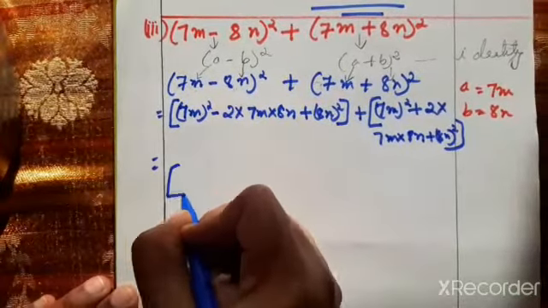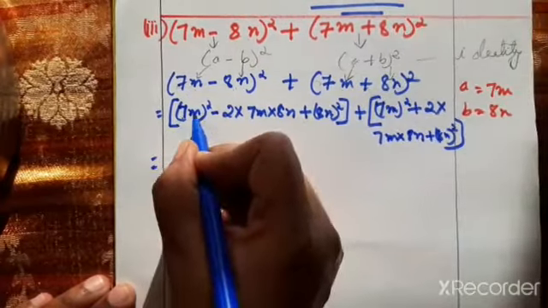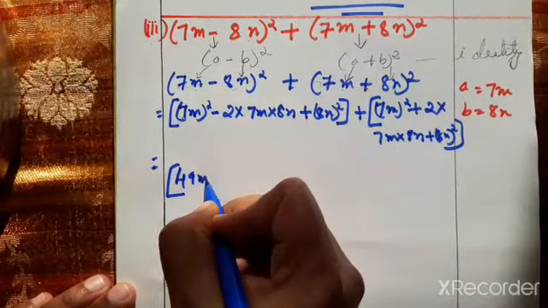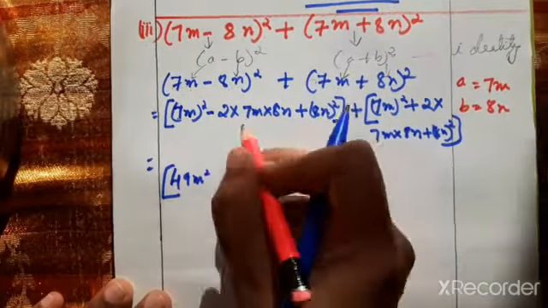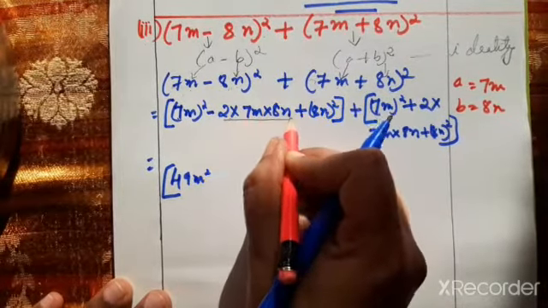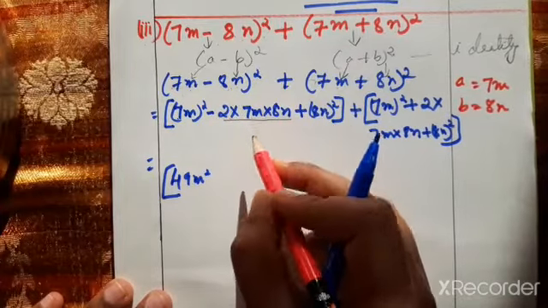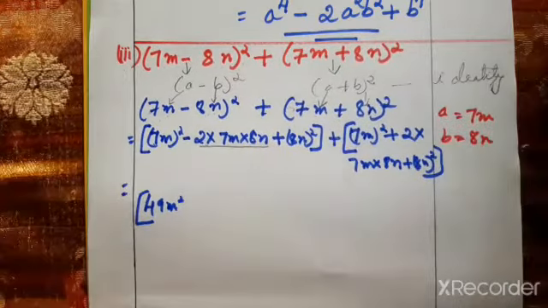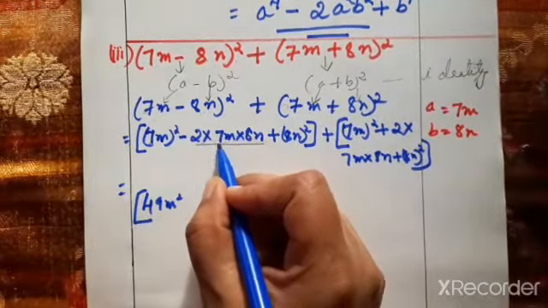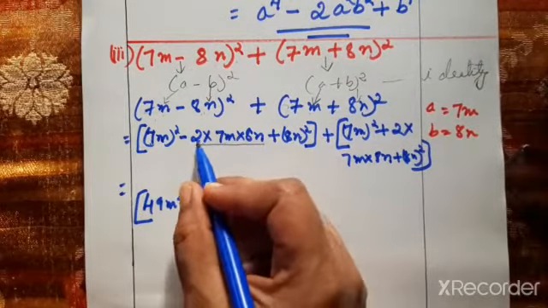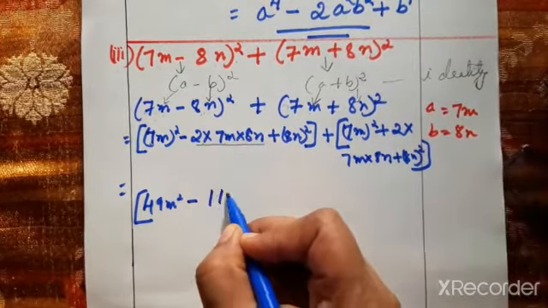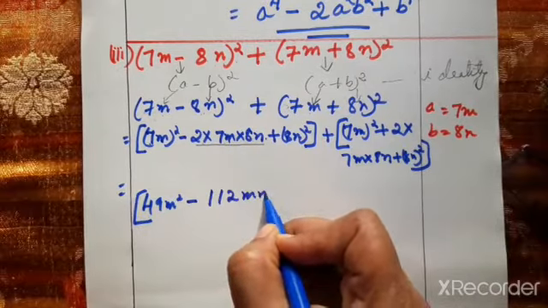Now simplify. (7m)² means 7 sevens are 49m². Now multiply 2 into 7 into 8: 2 sevens are 14, 14 eights are 112. m into n is mn.